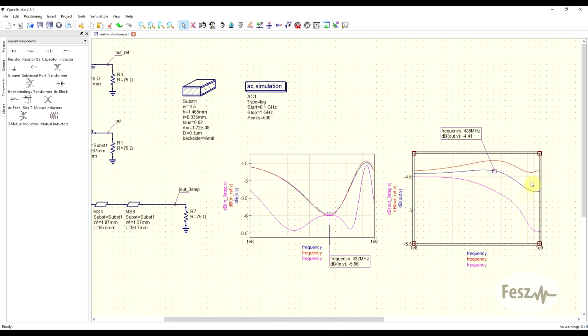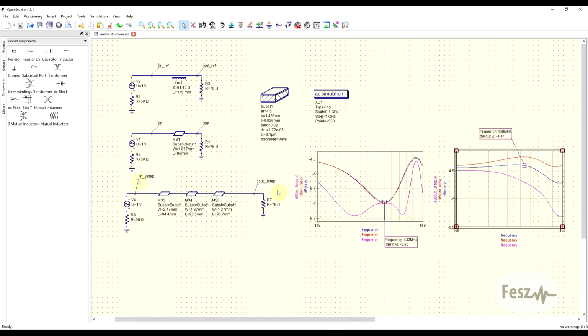In fact, the 3-stepped implementation seems worse than not having any sort of matching at all. So in other words, the more sections that you're adding, the more losses the real device will end up having. This is a very important consideration when you're actually going for this sort of a device.